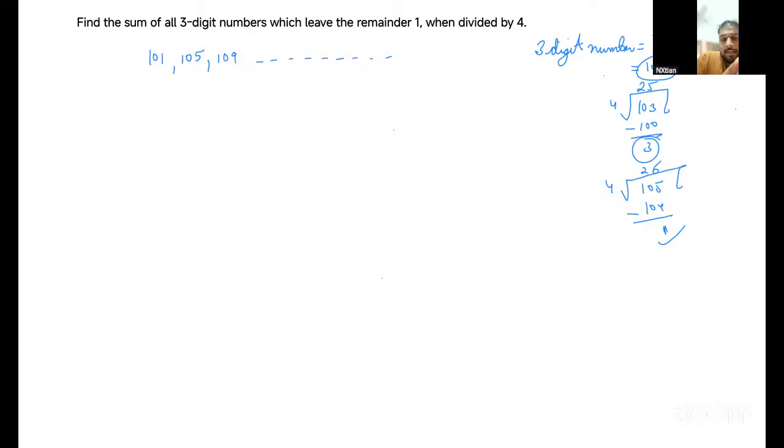Now check with 999. Check it and tell me what's the remainder. Did you understand, Ira? No. You checked 1000. Tell me the last number.